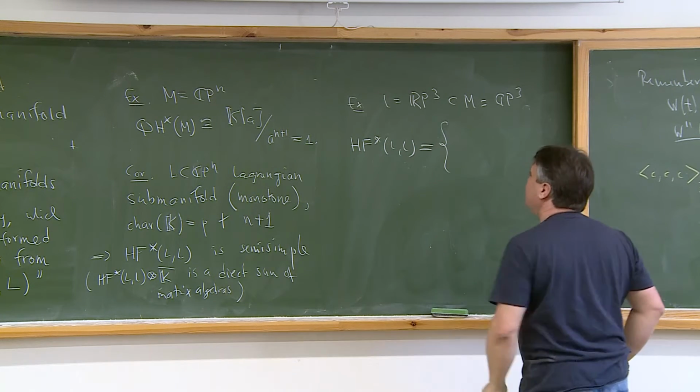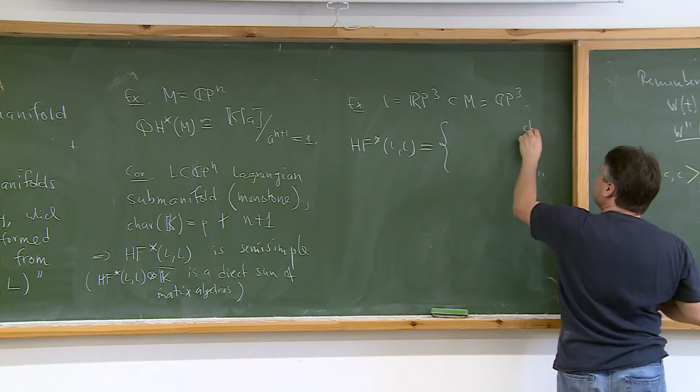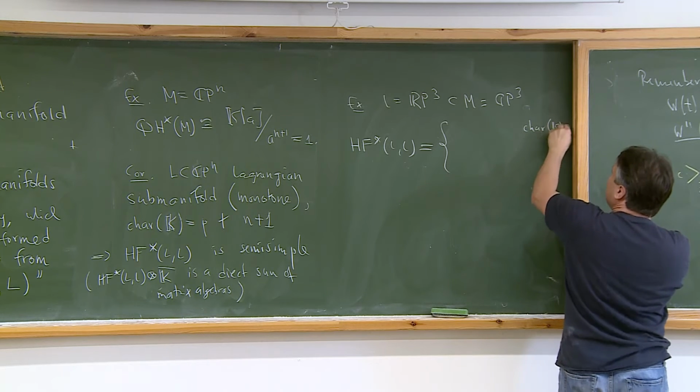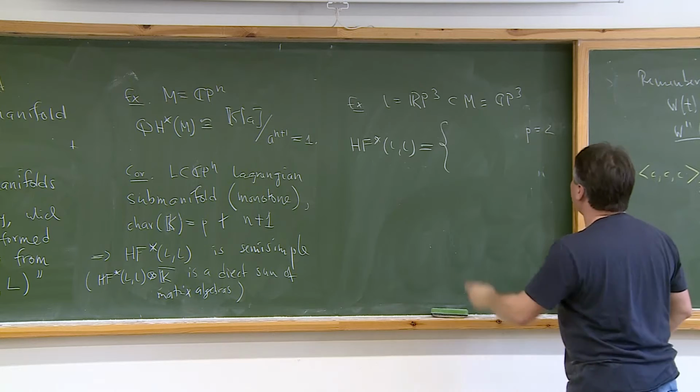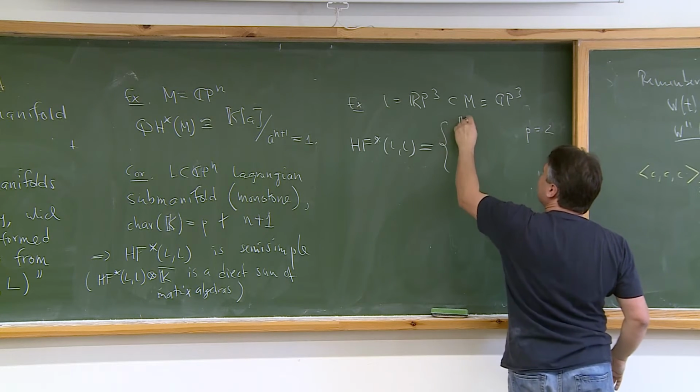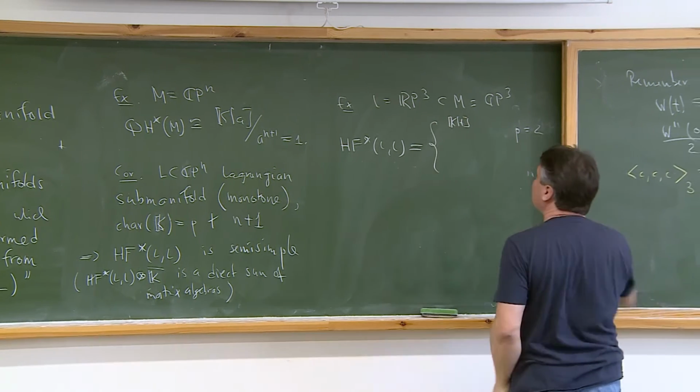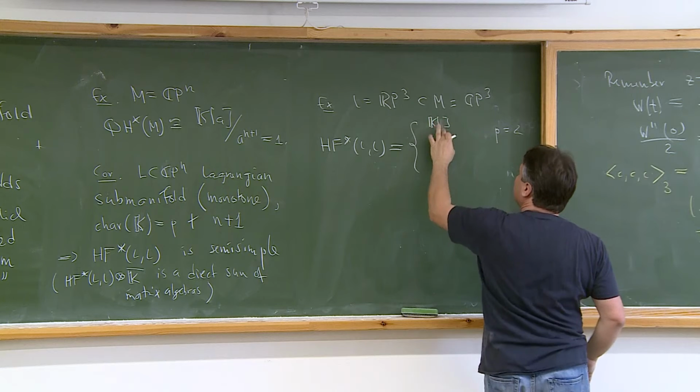If you take characteristic 2, say p equals 2, that will be similar to the S^1 that we wrote down, the RP^1 in RP^2.